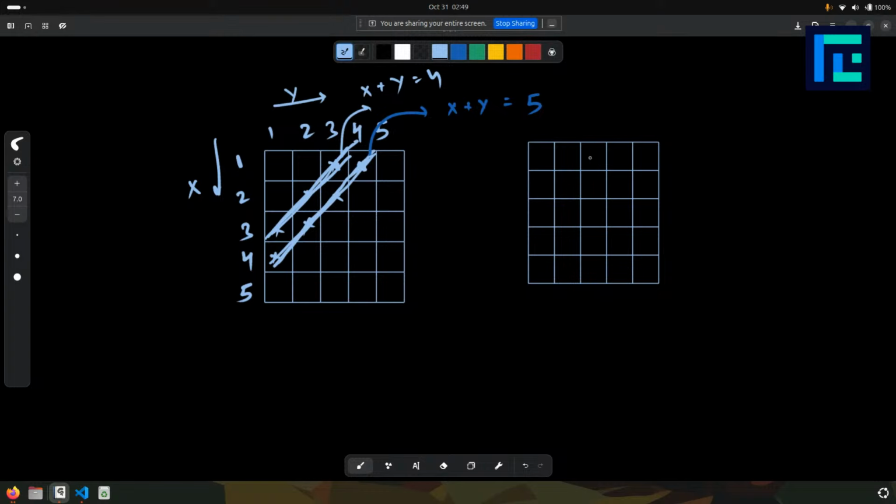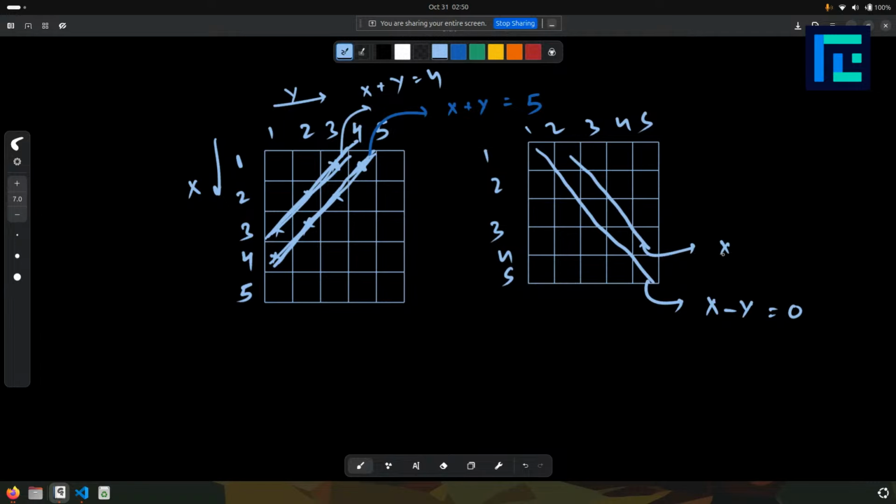again for this line, let me draw the line again. For this line x minus y is 0, and for this line you can see x minus y is minus 1: 1 minus 2 is minus 1, 2 minus 3 is minus 1, 3 minus 4 is minus 1, and this is 0.